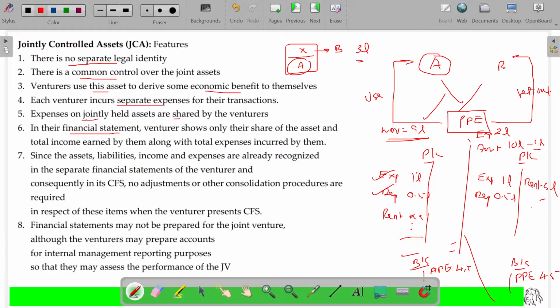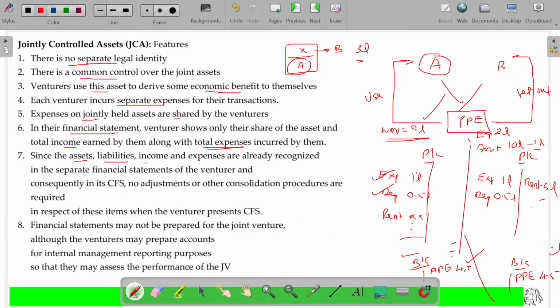In their financial statements, the venturer shows only their share of assets and the total income earned by them along with the total expenses incurred by them. So only their share of assets in the financial statements. If it is 50-50, fine; if 60-40, then 60% will be shown here and 40% will be shown there.